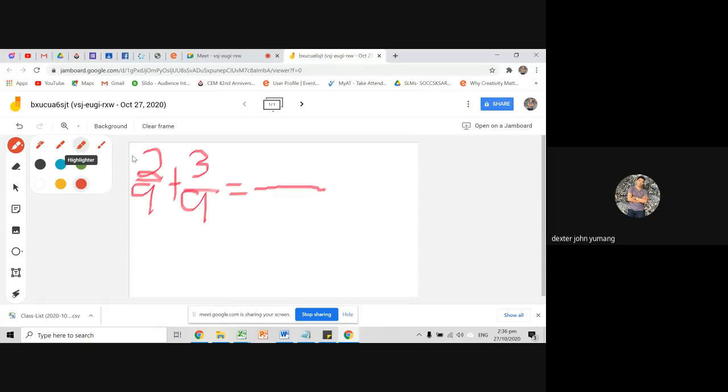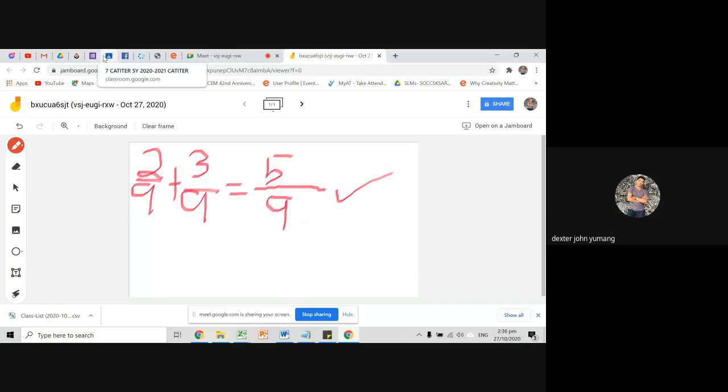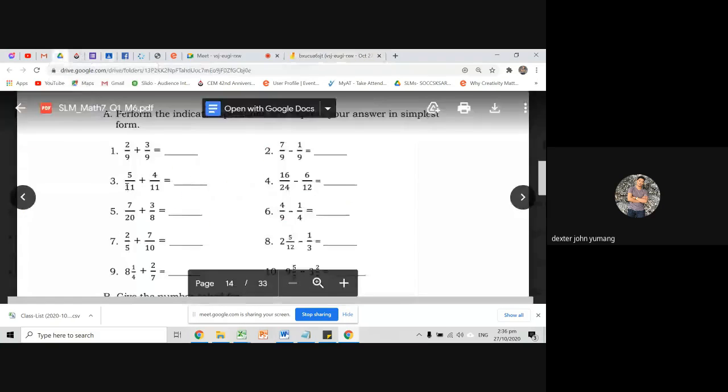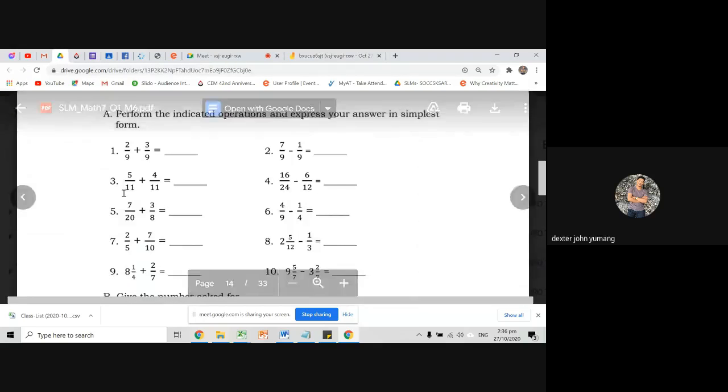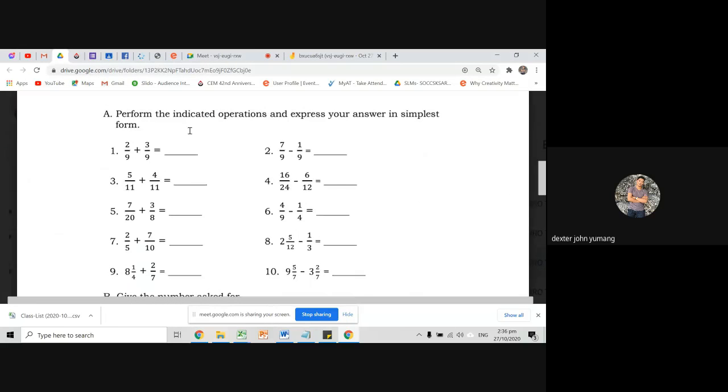So, 5 over 9 nga ba? So, look at the denominator. They are the same. Just copy the denominator, which is 9. Then, 2 plus 3, that is 5. And that is correct. So, your answer 5 over 9 is correct. Next, let's proceed with another example. Example number 3. 5/11 plus 4/11.